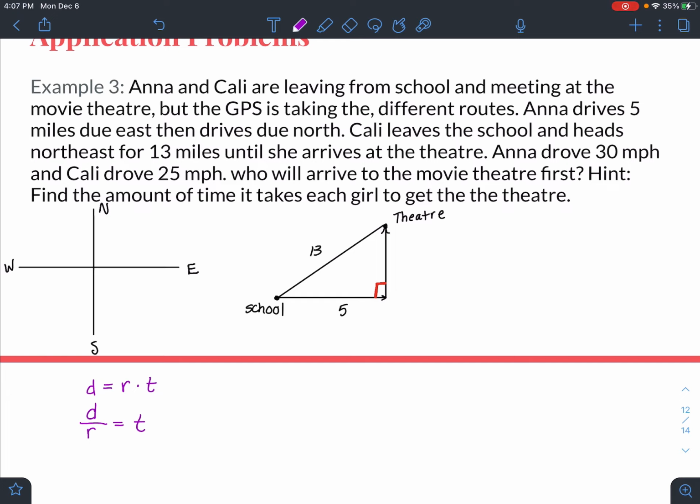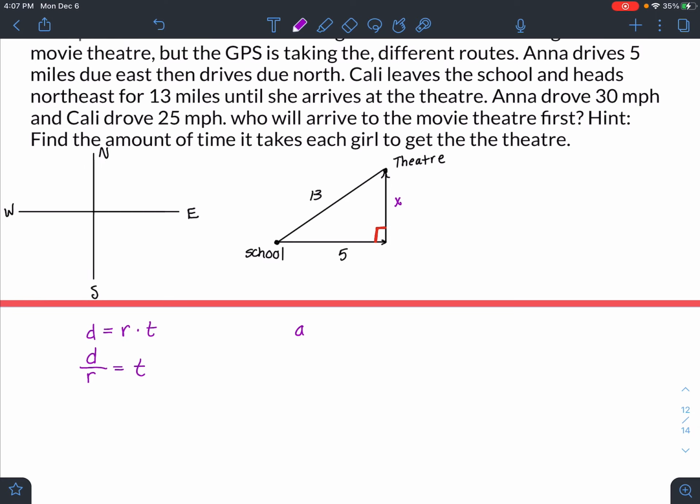So, first let's solve for this unknown here. This x, we'll call it. Let's use the Pythagorean theorem. We have a squared plus b squared equals c squared. We know that 13 is the hypotenuse, so 13 will go in for C. 5 will go in for A, and we'll solve for B. 13 squared is 169. 5 squared is 25.